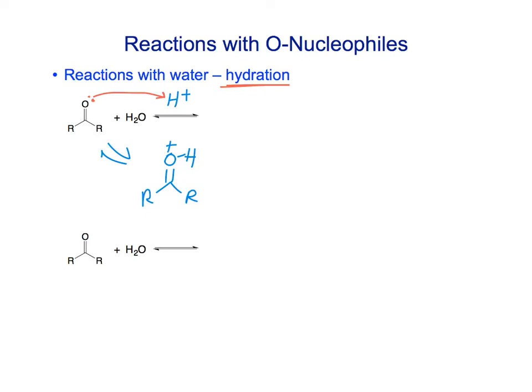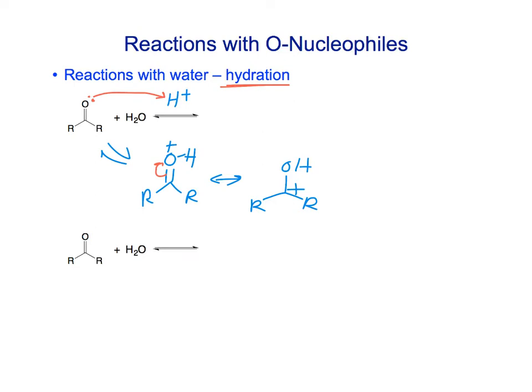This has an effect on the reactivity of the carbonyl carbon. If we protonate, what does it do to the carbonyl carbon? It makes it more electrophilic, because the carbon can now more strongly pull electrons up onto the oxygen, and we get a larger contribution of this resonance structure.